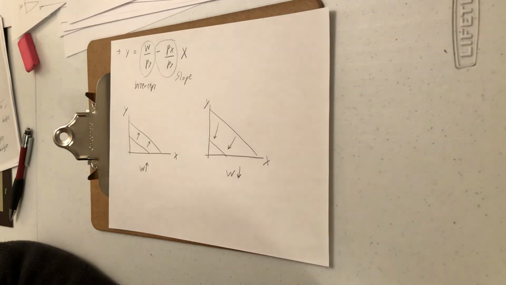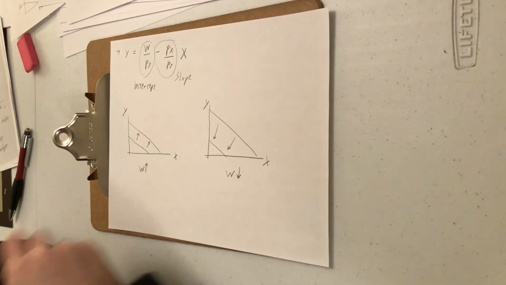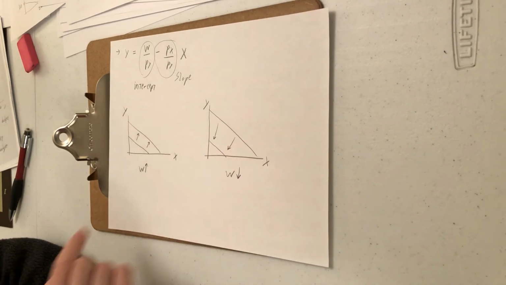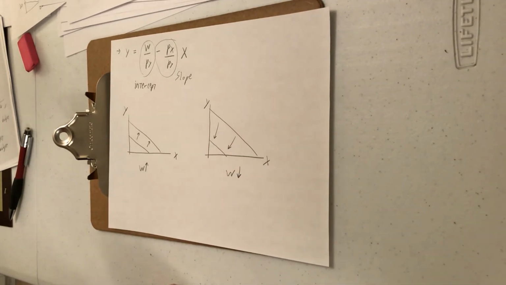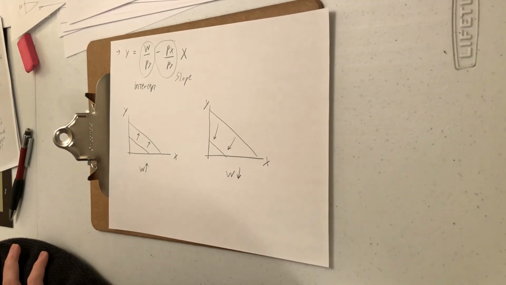So the basic ideas here are not very hard. Your budget line is a straight line. If your wealth goes up, that straight line goes out. If your wealth goes down, that straight line comes in. So that's how wealth changes affect things.